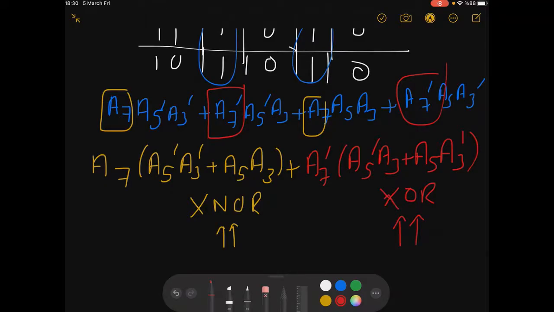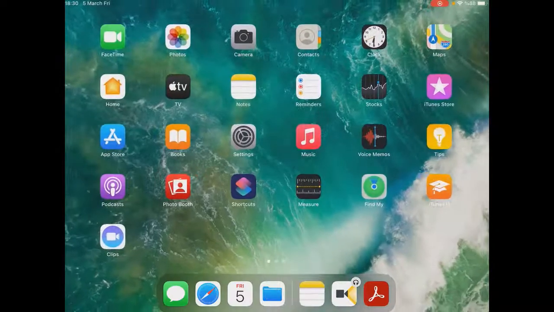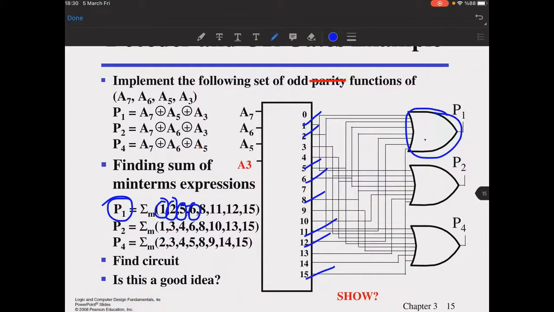That's it. So as you see in this particular question, the implementation with complex gates or K-map minimization is much more efficient than the implementation with decoders. So your design should take these into consideration as well. Sometimes your decoder implementation can be more convenient, sometimes straightforward K-map minimization can be much more convenient.